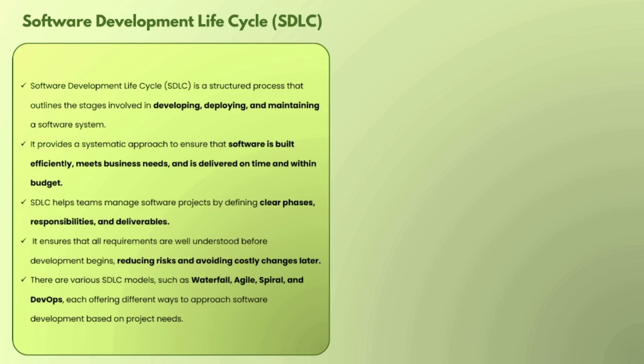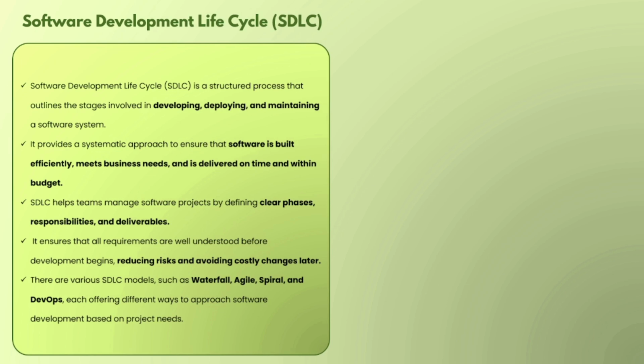The business needs should be solved, just like we saw EMI should get deducted every month, and it's delivered on time and within budget. Everyone wants that whatever they want to introduce to the customer should be delivered on time and within the budget. No one wants to increase the budget allotted to that particular project.